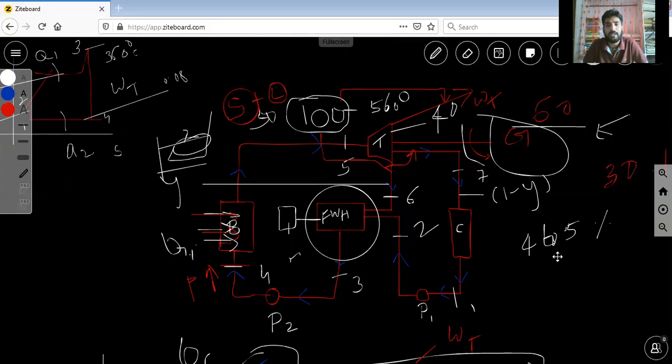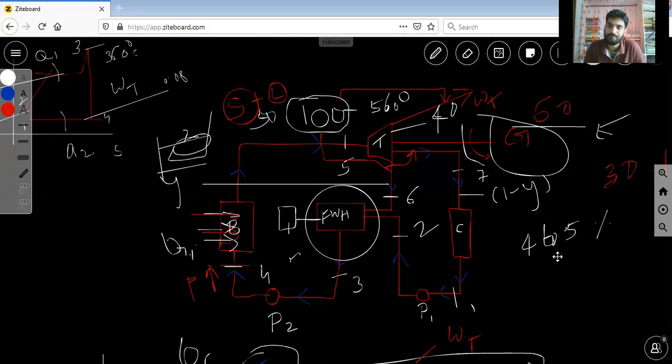Another advantage is that you reduce the heat supplied in the constant pressure process, because the inlet condition of the boiler is higher pressure liquid. Since the pressure is higher, the input heat supplied is automatically reduced, and there is no need for additional pump work.